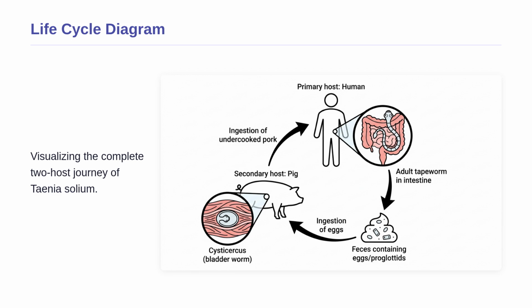These are then ingested by the pig, our secondary host, at the bottom. Inside the pig, you can see the magnified muscle tissue harboring the dormant cysticercus, or bladder worm. Finally, the cycle completes when a human ingests this undercooked pork, bringing the parasite back to its primary host. This visual perfectly summarizes the predator-prey dynamic that sustains this parasite.